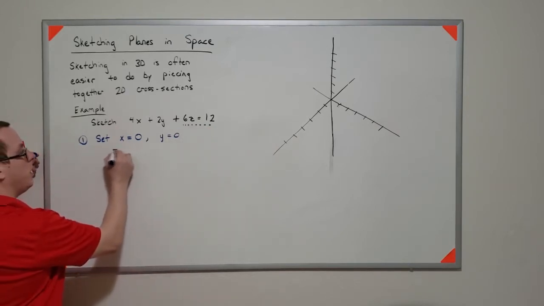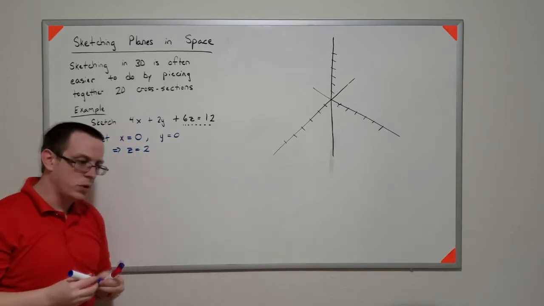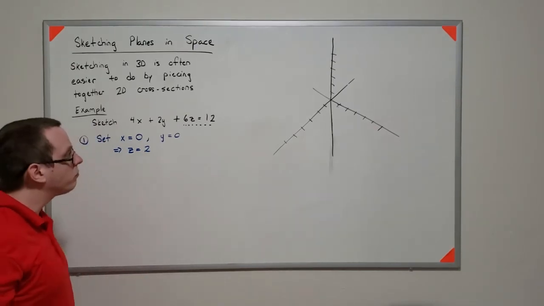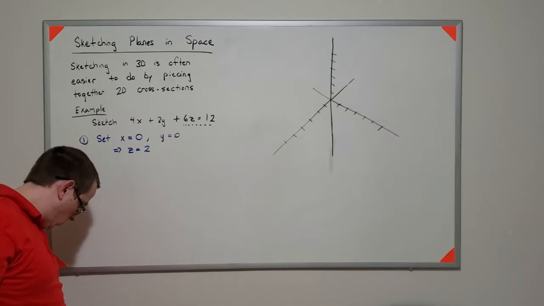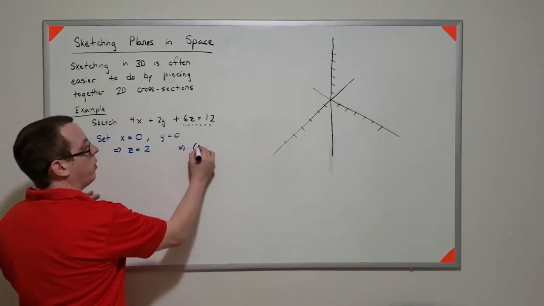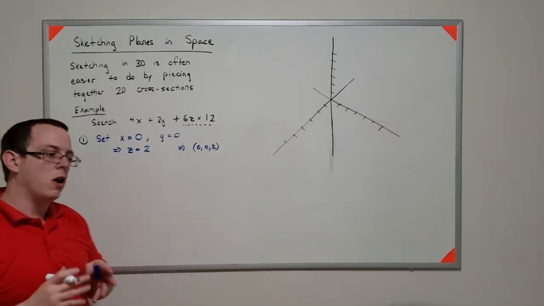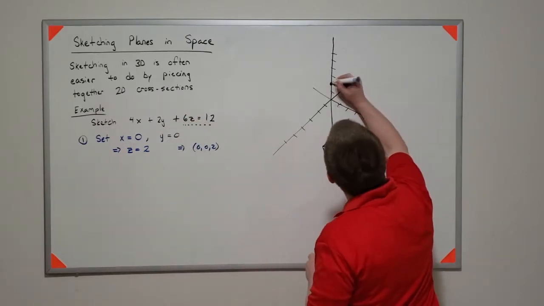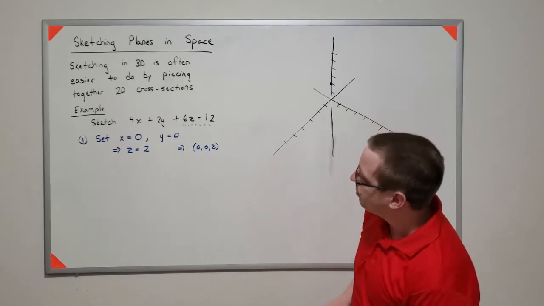So that tells me that z equals 2. So in this case, we're really not even doing 2D cross sections, but we could. So that tells me that the point 0, 0, 2 fits on the axis. 0, 0, 2 is a point in the plane.